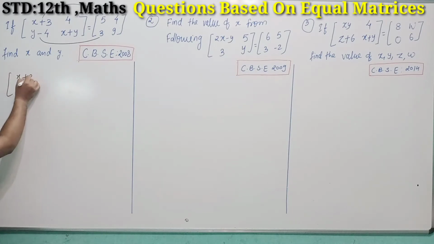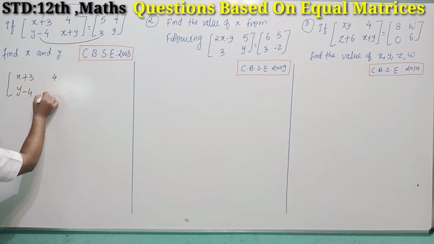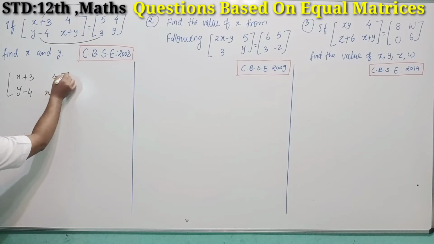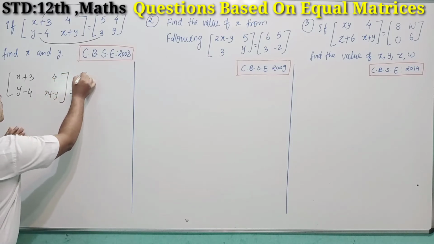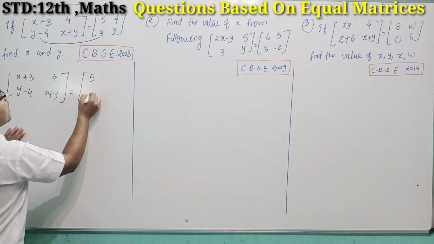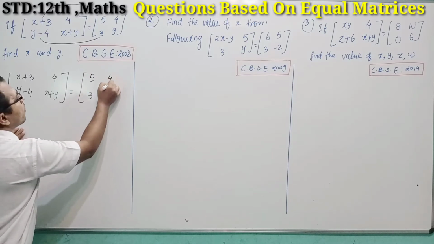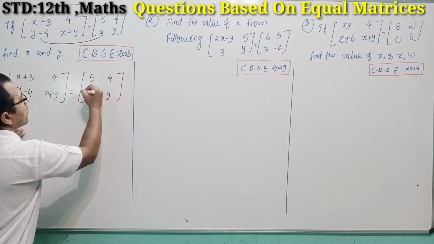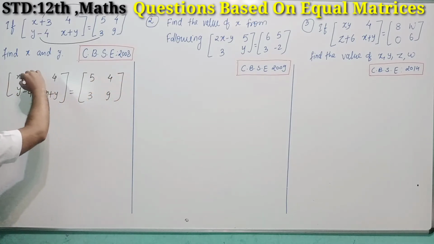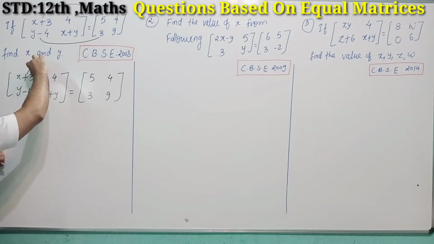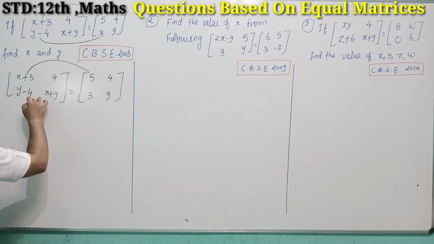So here you can see the matrix has x plus 3, y minus 4, x plus y, right students? And the equal matrix has the elements 5, 3 and 4, 9. Now corresponding elements can be compared.